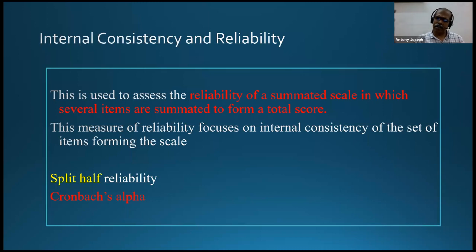Suppose there are 30 statements for the measurement of a particular thing, and if you are doing split half reliability, the 30 items are divided into 2 equal parts. That is 15 each. And the reliability of the 2 sets of statements are computed.